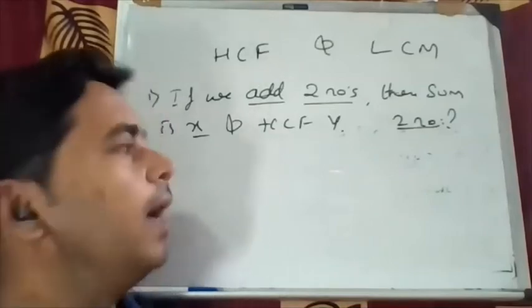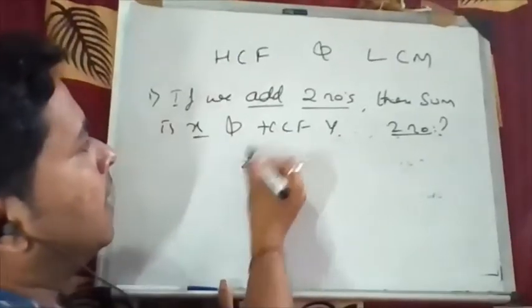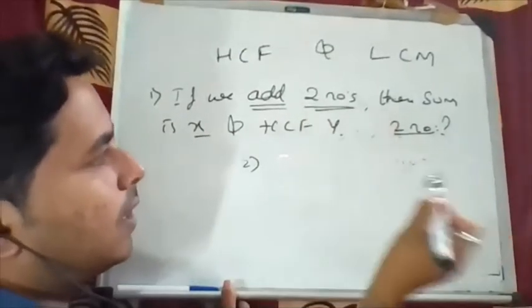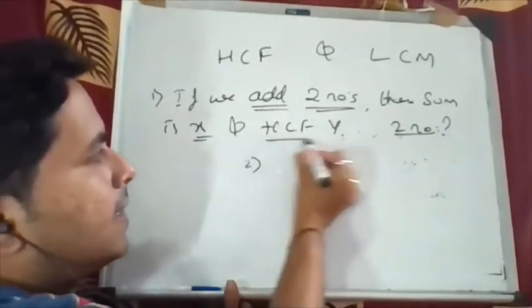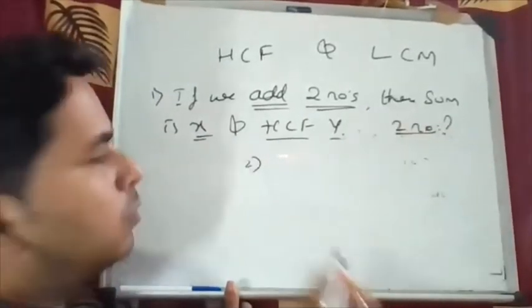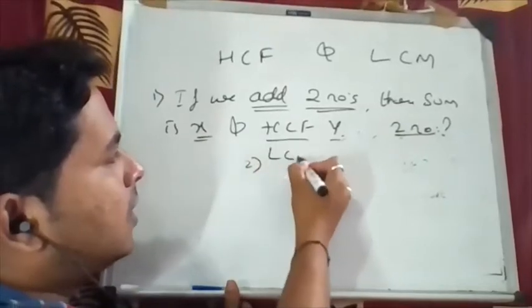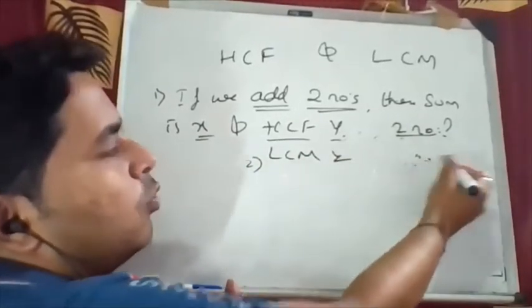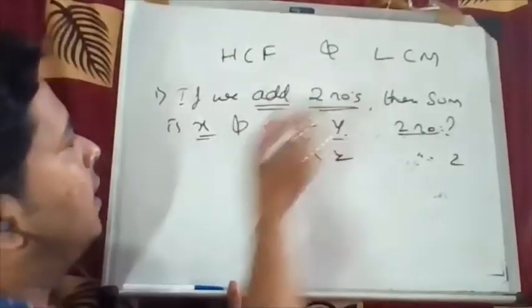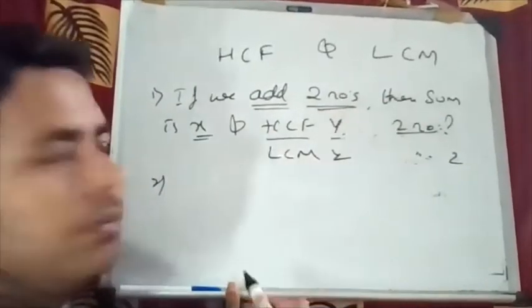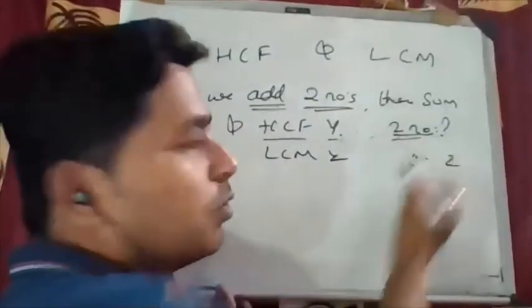That's one type. And one more type: if they added two numbers, their sum is x, HCF is y. Sometimes instead of HCF they'll give the LCM is z, what are the two numbers? In the same way, they won't ask which are the two numbers.